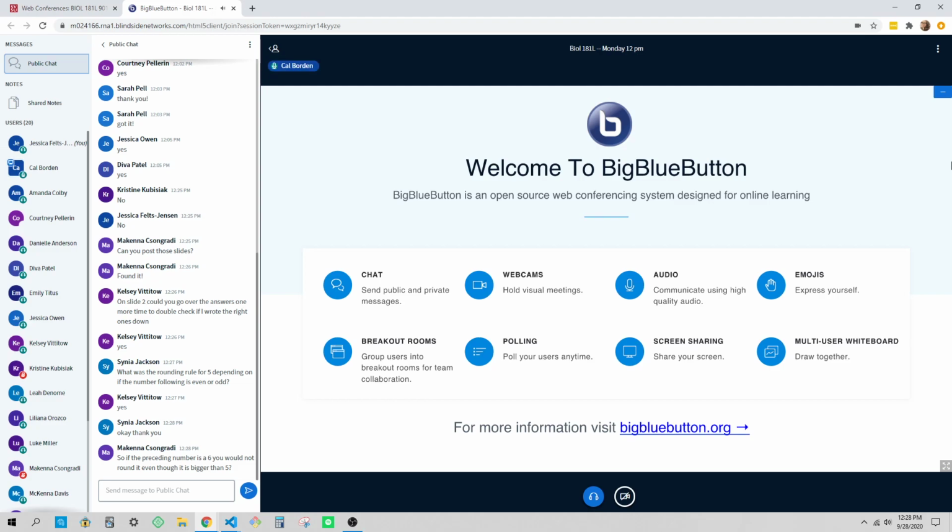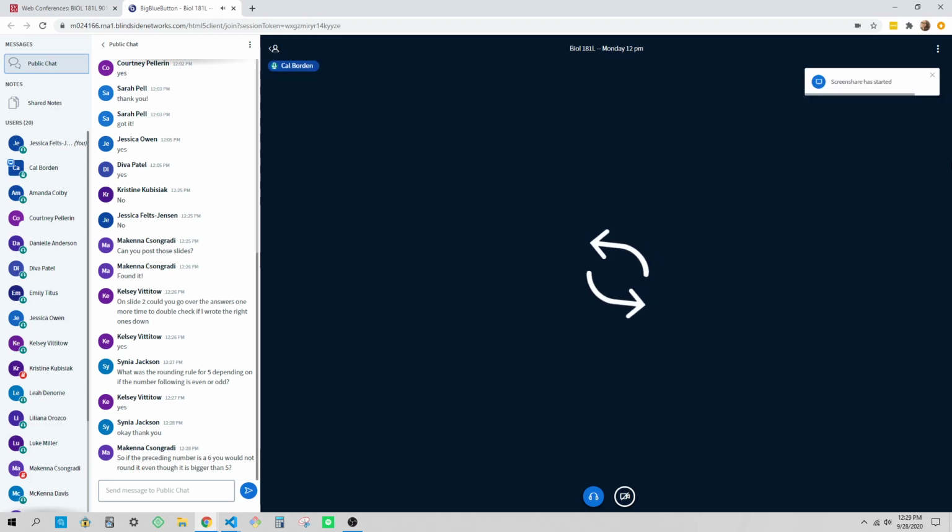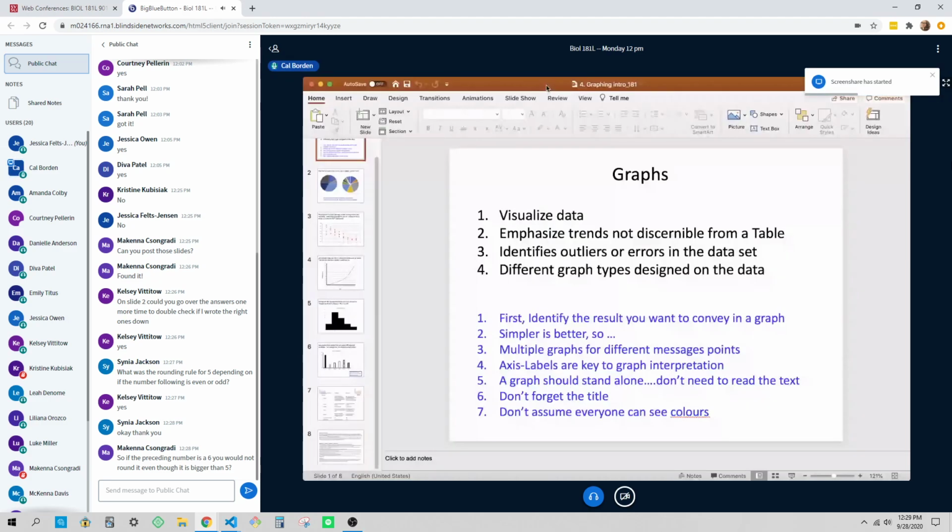So if the preceding number is a 6, you would not round it even though it's bigger than 5. So let's say I was going to round. So McKenna, let's say I had 0.165 and I was rounding to 2 decimal places. I would leave it as 0.16 because the 6 is even.